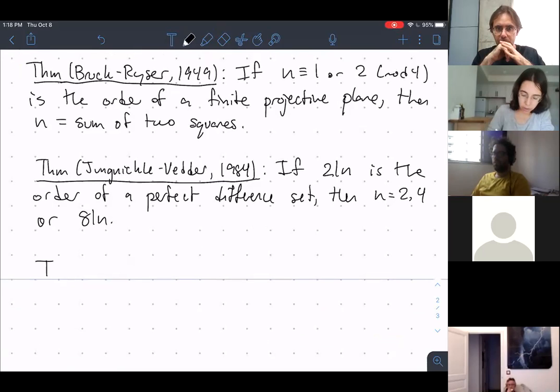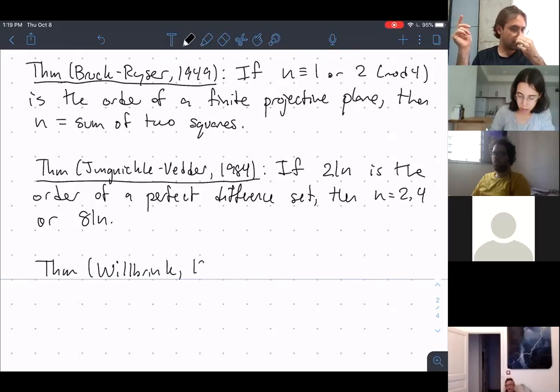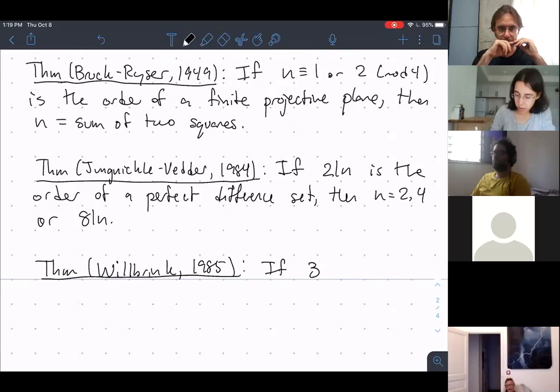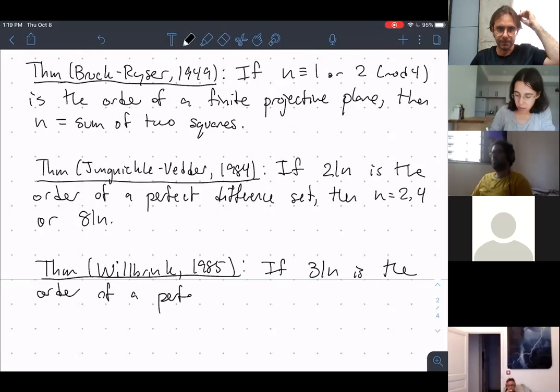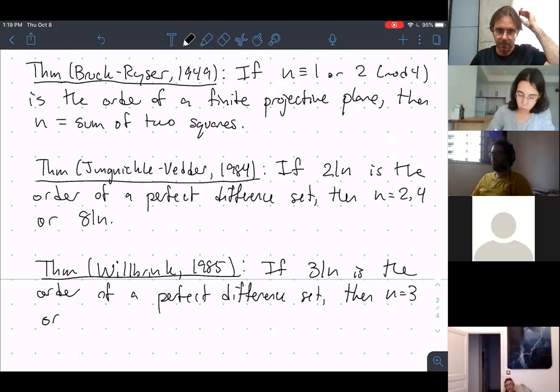And there's also a congruence restriction mod 9 due to Wilbrink. It says that if n is a multiple of 3 and is the order of a perfect difference set, then either n equals 3 or 9 divides n.